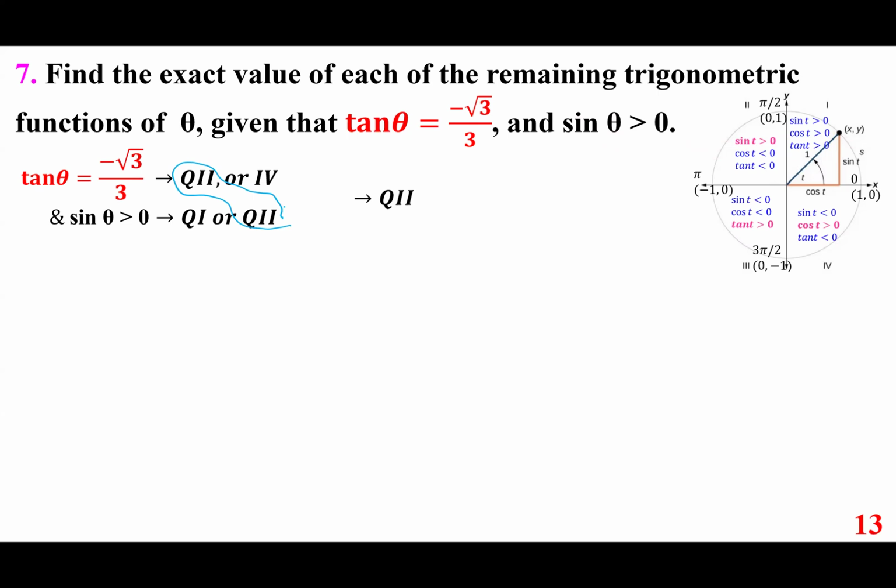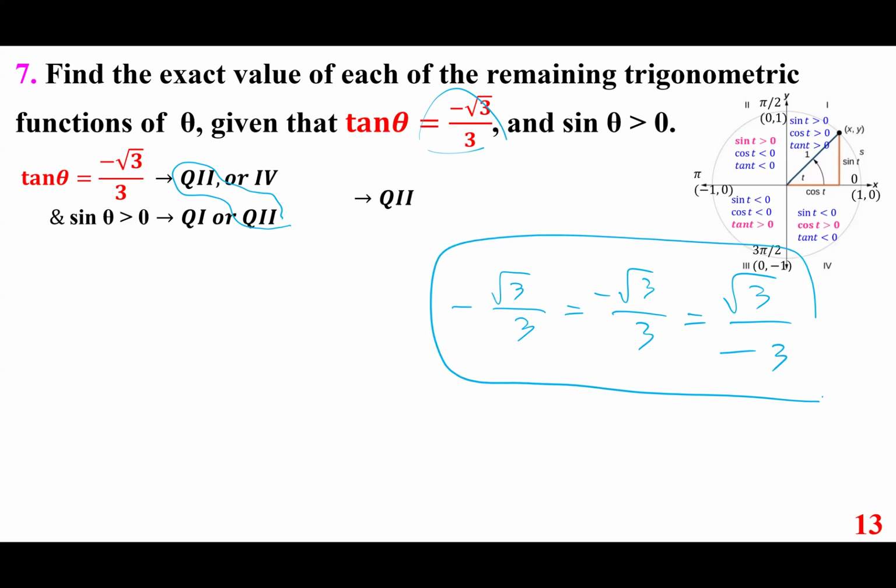Now, because tangent is y over x, and we said it's quadrant 2, then y must be positive. Please understand this. Let me just write this 3 different ways. Minus square root of 3 over 3, negative square root of 3 over 3, positive square root of 3 over negative 3.